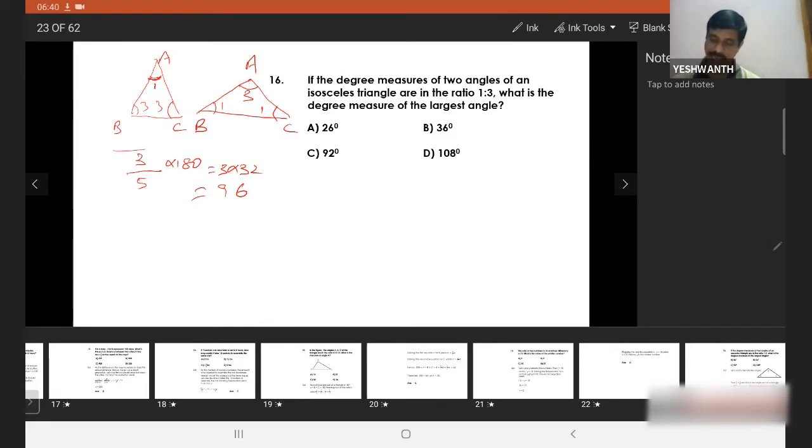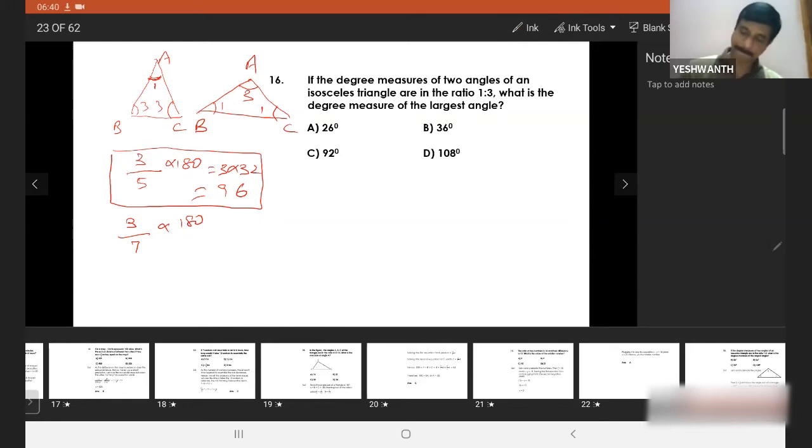Now, if this is the case, the largest angle is 3 by 7 into 180.